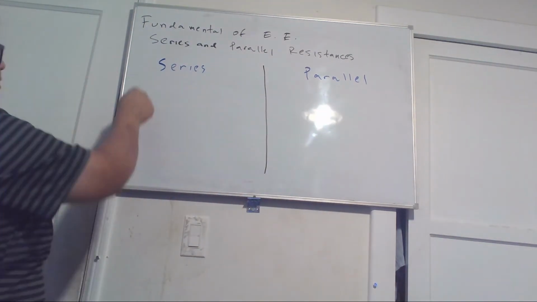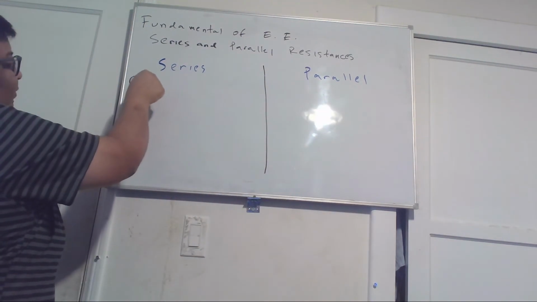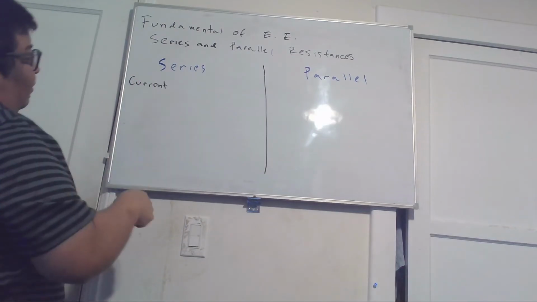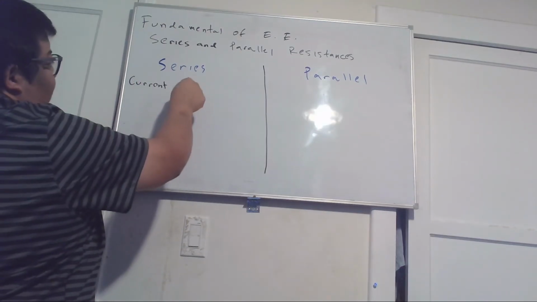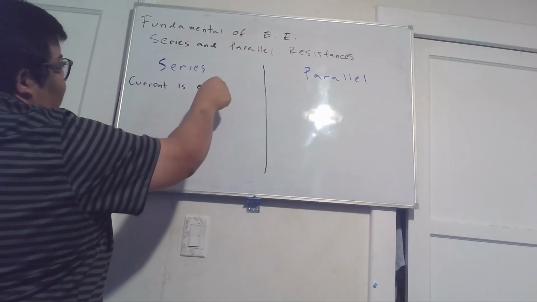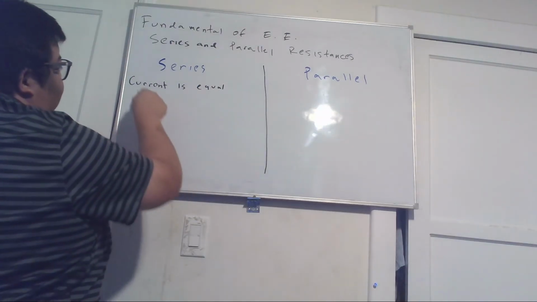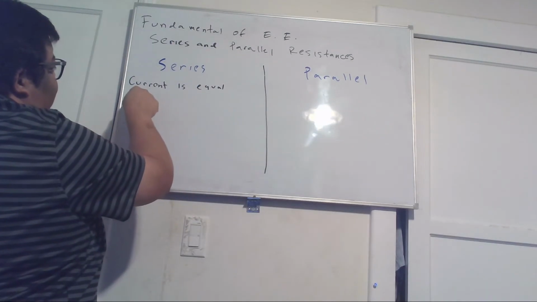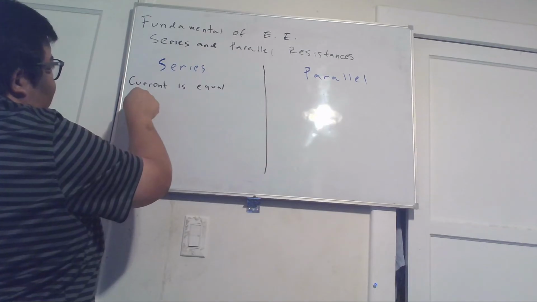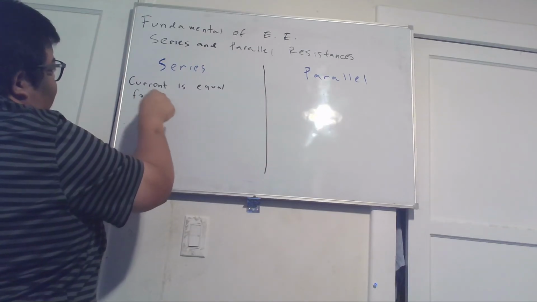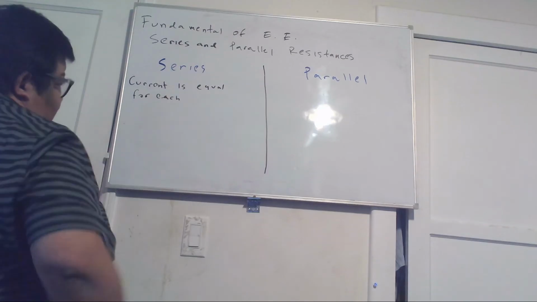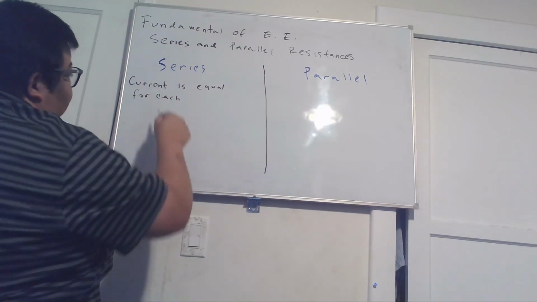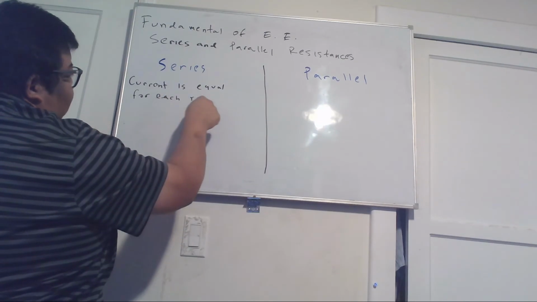So for series, the current is equal for each resistor.